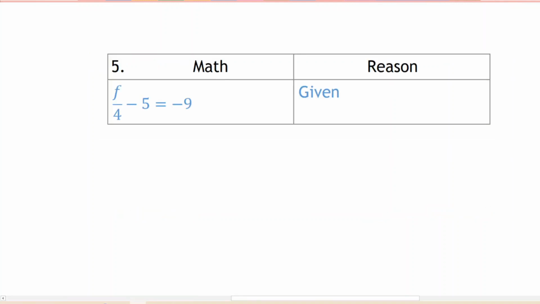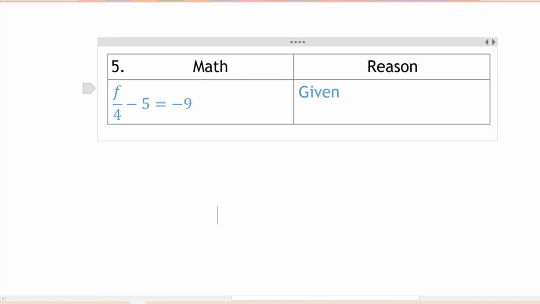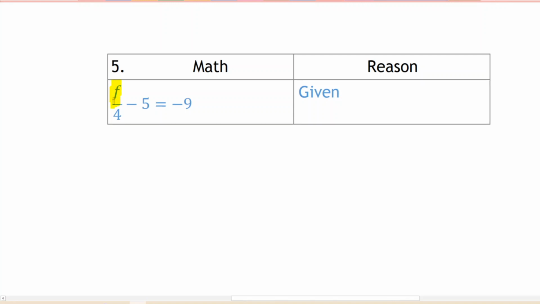Now with number 5, we have actually something similar to the problems that we just did, in that we have 2 terms on the left and 1 term on the right. And the thing I want to focus on here is the fact that we do have 2 terms. We've got this f over 4 term, we've got this -5 term on the left side.